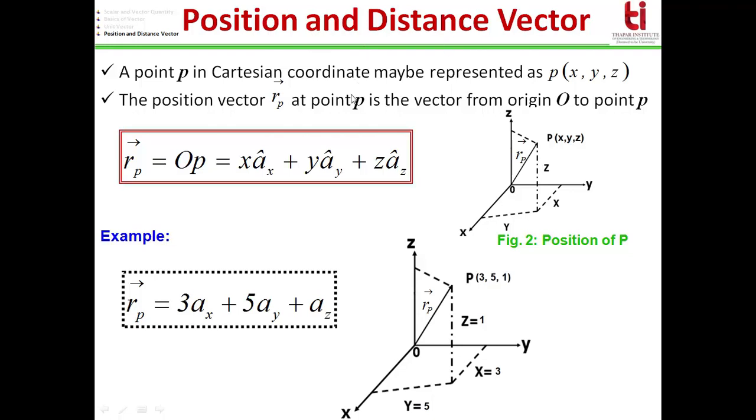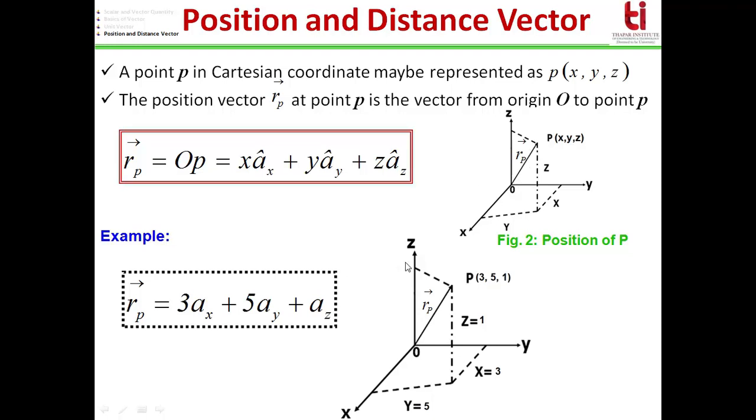As you know, a point P in Cartesian coordinates may be represented as P(x, y, z). So the position vector of point P is the vector from origin O to point P, denoted by vector Rp. That is the position vector of point P. Let's take an example.